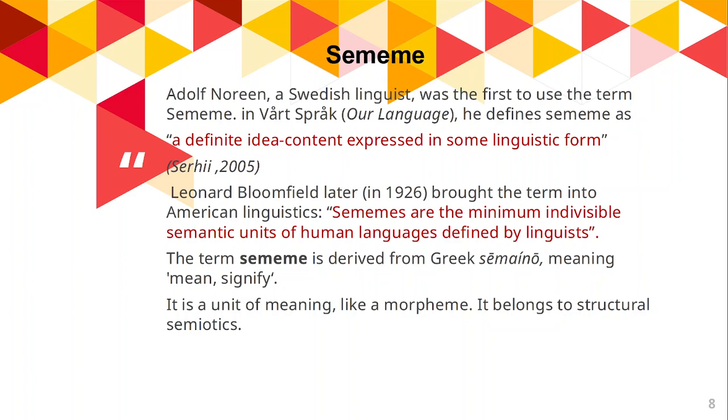And if we trace the origin of the term sememe, it comes from the Greek language, which literally means mean or signifier. So as I said, it is a unit of meaning, just as morpheme is a unit of word. And there is a branch of semantics known as structural semiotics, and sememe belongs to that.